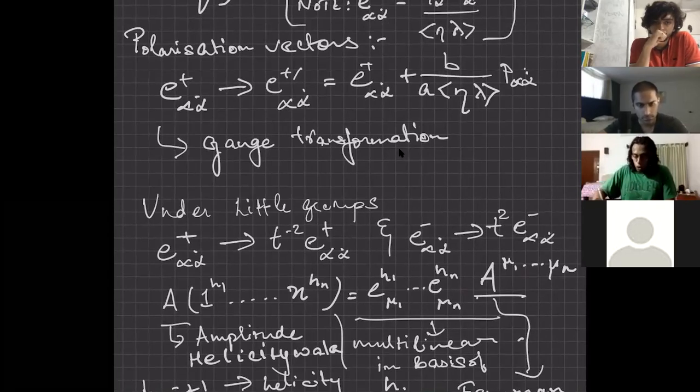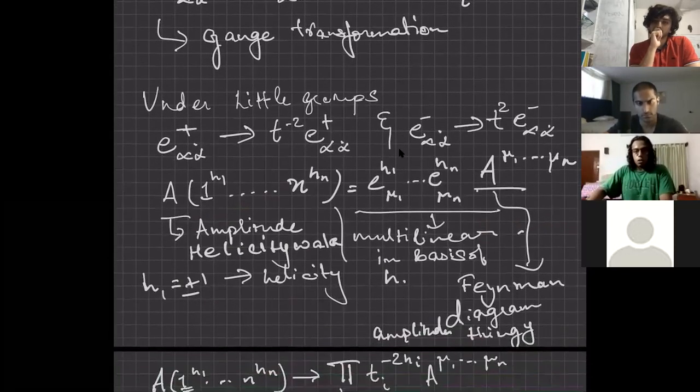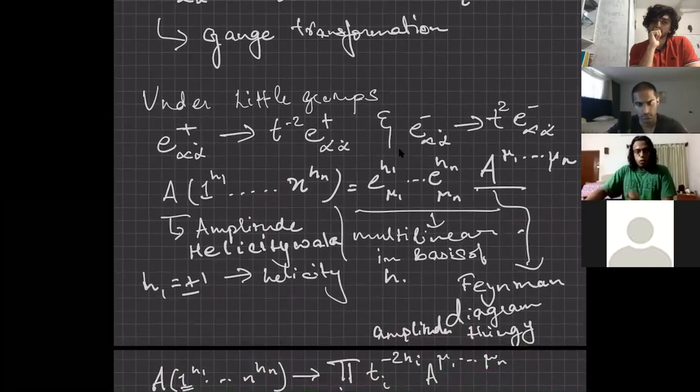Okay, so your normal amplitudes of n particles, scattering amplitudes, are given by, yeah, you have the representation of the helicities on top as the indices of these integers here that represent the particles. So you can always write this amplitude in terms of the polarization vectors times the amplitude of the Feynman diagram. So the actual amplitude is the product of the polarization vectors times the Feynman diagram.